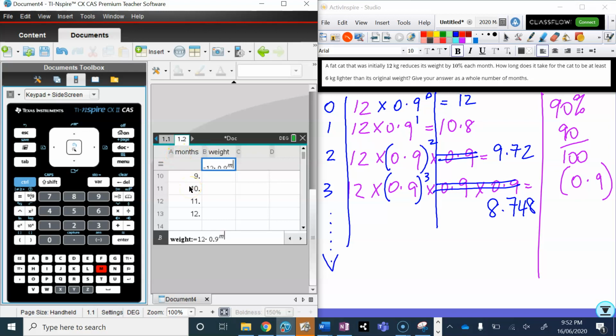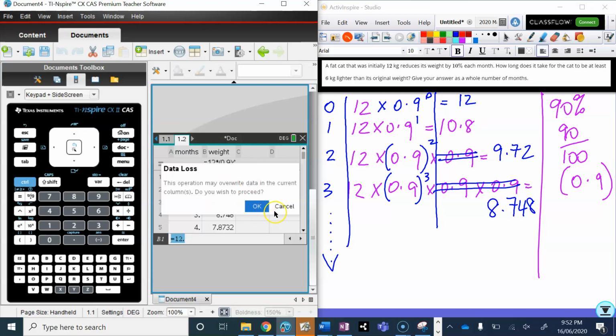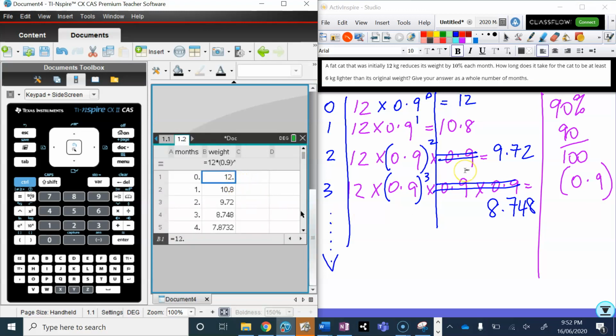So I do need to type in months, and you'll see that goes bold because the calculator knows that's a thing. Months is a variable and it's got some data in there. When I hit enter, the calculator automatically does all those calculations for me for each particular month.